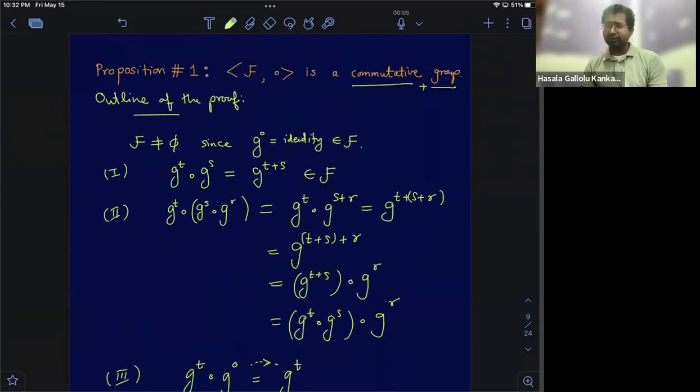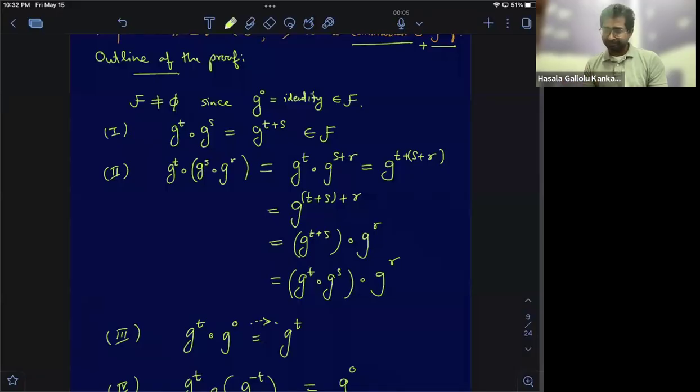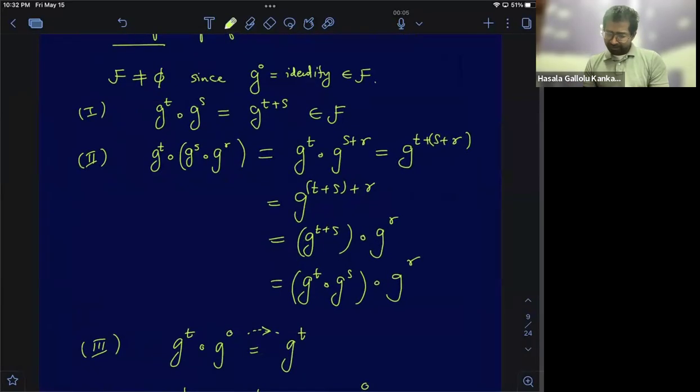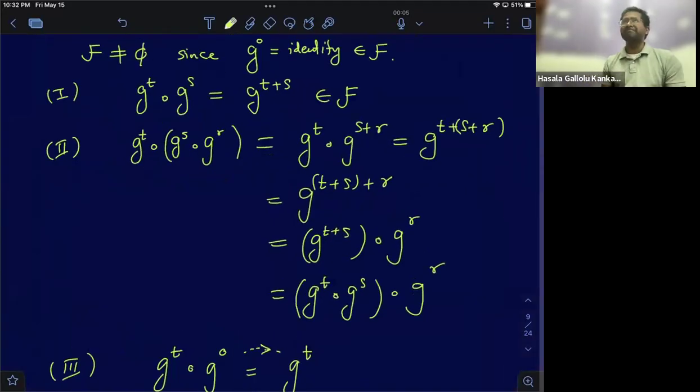And this is the outline. You can just work with the details. The proof is not exactly the thing. The important part is that some proofs are not just about doing the proof.